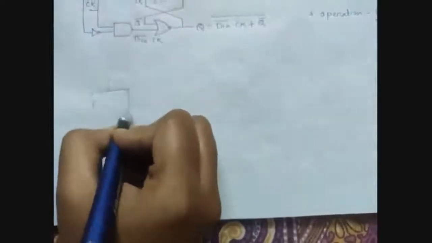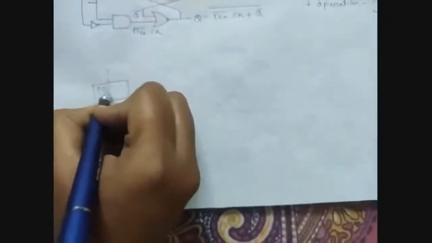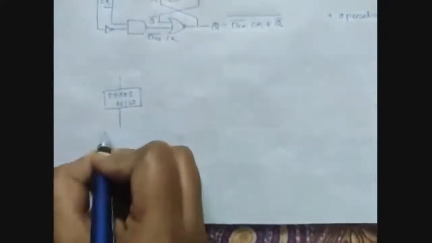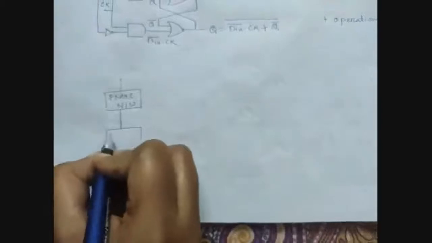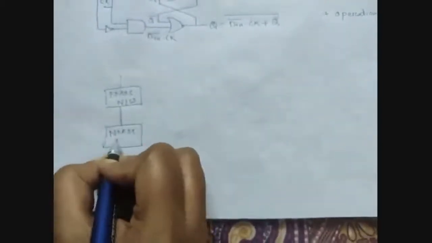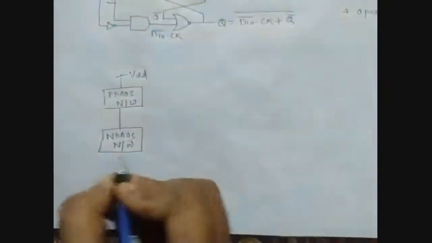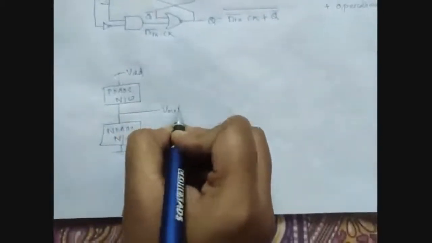In the basic structure we know that in the upper half we draw the PMOS network, in the lower half we draw the NMOS network, and here VDD is given, and here ground is given, and from this point we take V out, and here inputs are given as per the number of transistors. Now we draw the diagram using CMOS logic by using these equations.